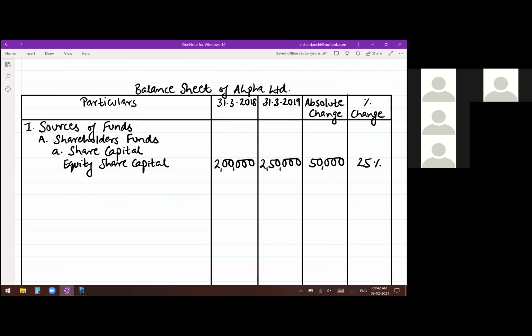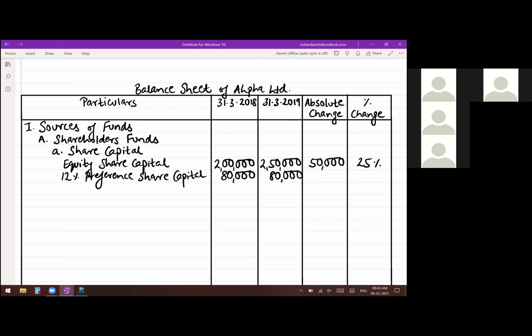After equity share capital, you have preference share capital, and the rate is 12%. So you write like this: 12% preference share capital, both under the head share capital. First write the amounts. For 2018, it is 80,000, and 2019 also 80,000.